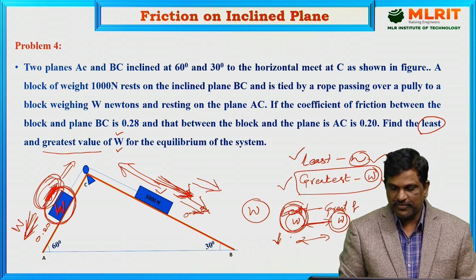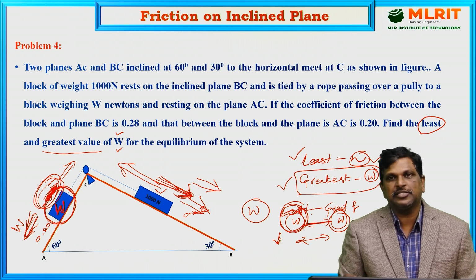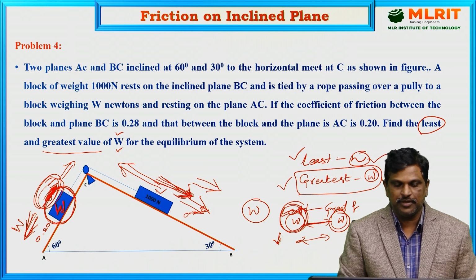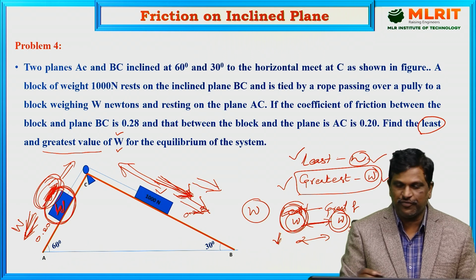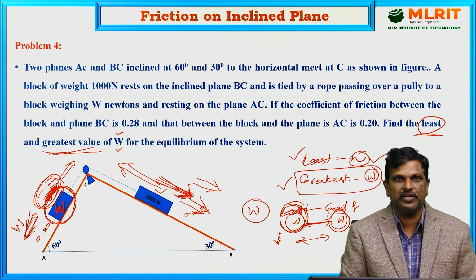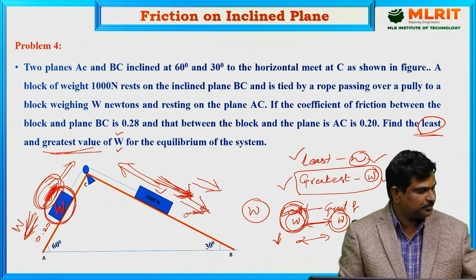In between the least value of W and the greatest value of W, the body will be at static equilibrium. Now, in this problem, we are going to find the least and greatest values of W, which will keep the system under equilibrium.